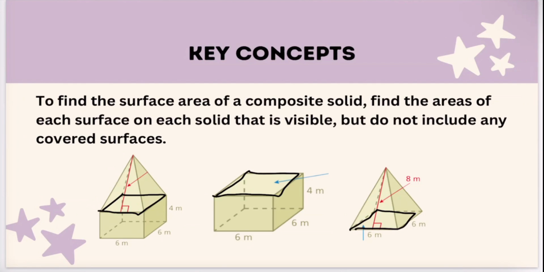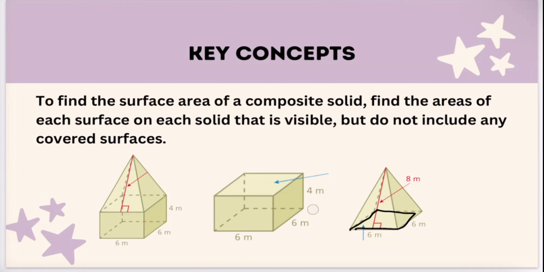And so those are two that we could exclude from our calculation because we're not finding the surface area of these two things separately and then adding them together. We're just finding the surface area for the composite shape. And so whenever composite shapes are put together, if that ends up covering certain surfaces that were on the original shapes, those surfaces should not be included in our calculation.